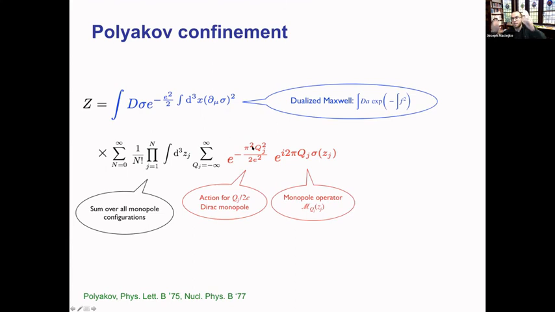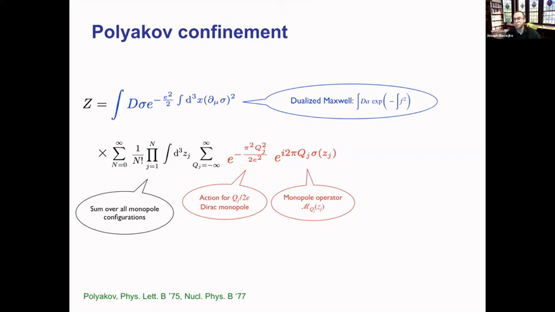They're point excitations that can occur at any point in spacetime. They're created by this monopole operator, and they have some Dirac topological charge Q_j. They have a particular action for their creation. We're on the lattice, so there's a finite action for the creation of these monopoles. And then we need to sum over all possible configurations of monopoles, their positions, and their topological charge.